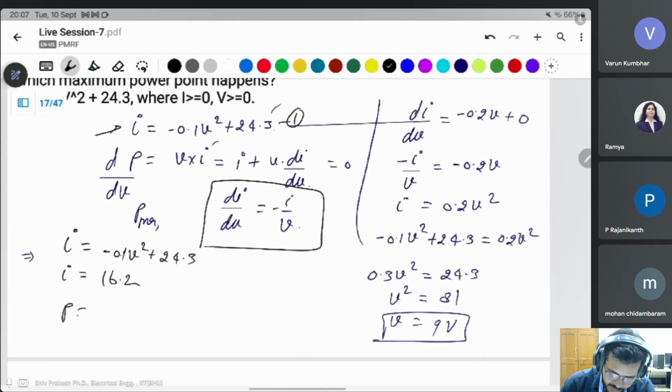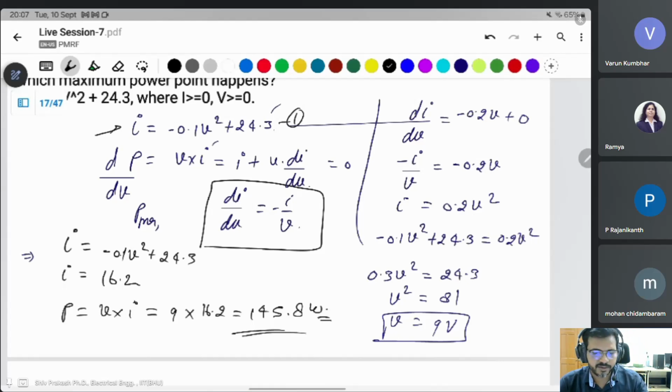Then P is equal to V into I, 9 into 16.2, 145.8 watts. Okay, fine.